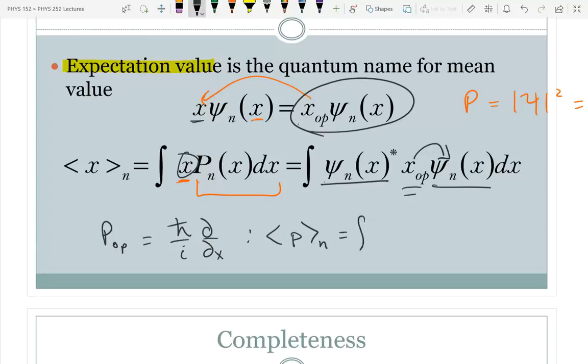Okay, so I had integral sign. Then what? Psi star. Put the star there. Then what?